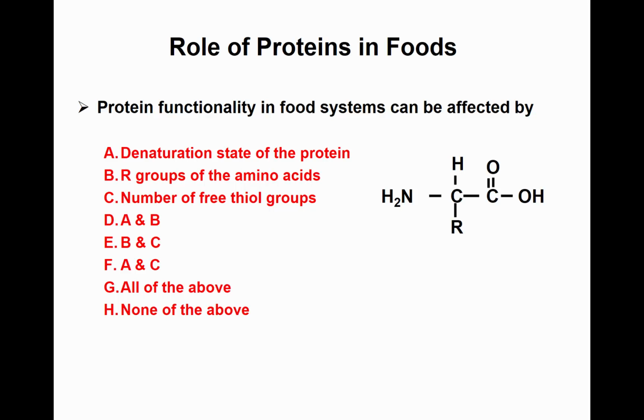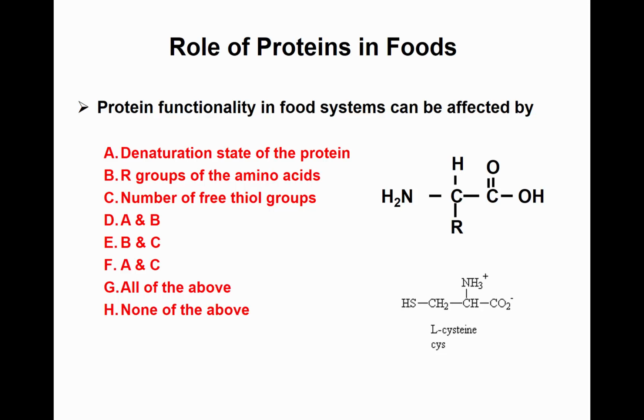Depending on the side chain, you might have an extra charge. You might have a hydrophobic amino acid if you have a long hydrocarbon chain, for example. You may have a reactive group, such as a thiol group. A thiol group is your SH group here. In the case of cysteine, which is one amino acid, the R group here is your CH2SH.